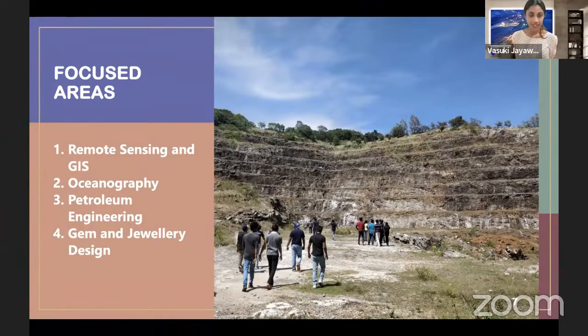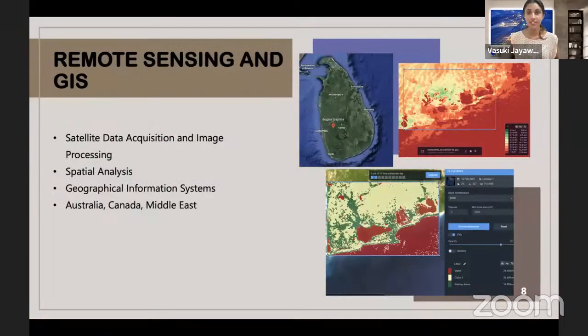So first, it is remote sensing and GIS. Remote sensing is mostly about satellite data acquisition and image processing. Not only that, remote sensing accounts for many other technologies, such as drone surveys, and literally whatever type of data acquisition you are doing remotely using a remote sensing tool comes under remote sensing.